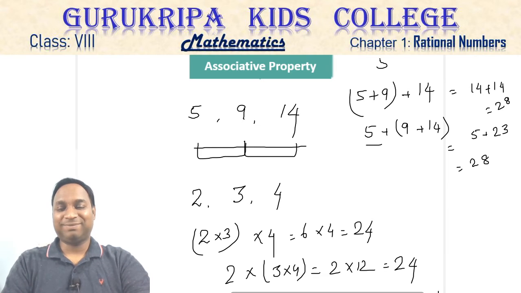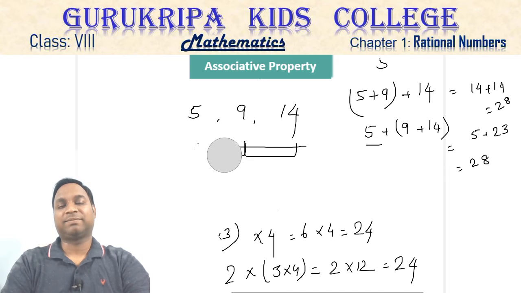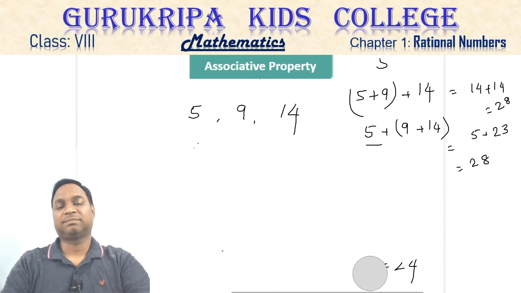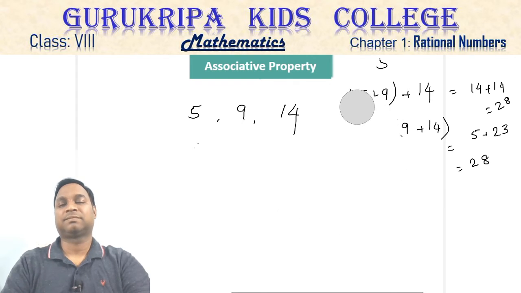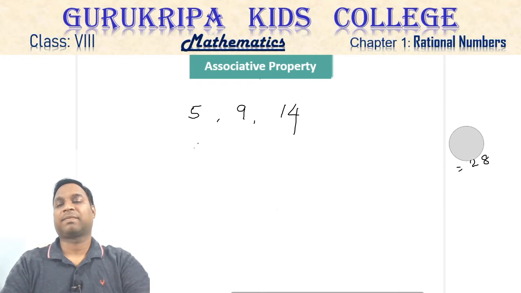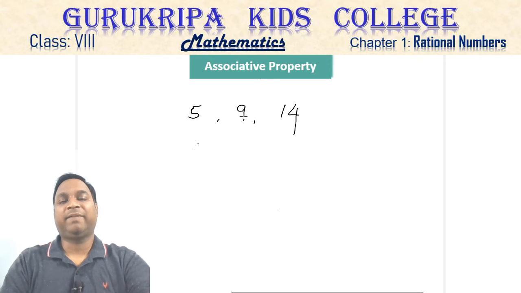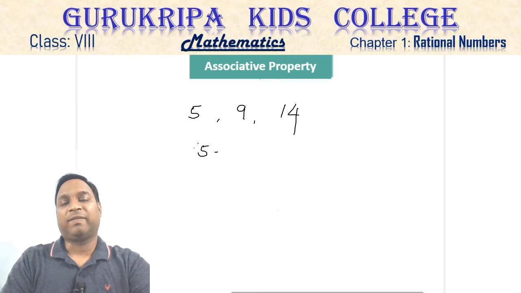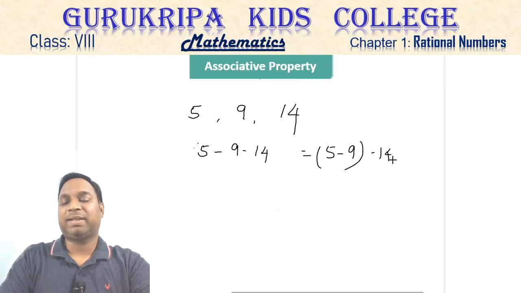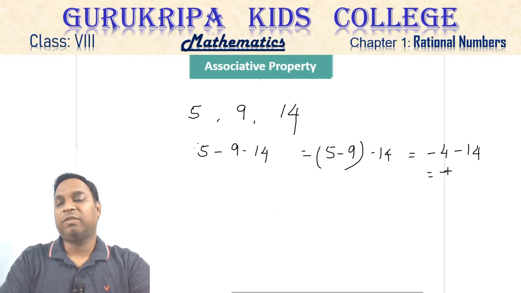for subtraction, what will happen? Let's find out. Let's say we have to subtract these three numbers again. Let's say we have to subtract 5 minus 9 minus 14. So in this, first what you can do, 5 minus 9 and then you can do minus 14. What will you get here? 5 minus 9 will give you minus 4, minus 14 will give you minus 18.